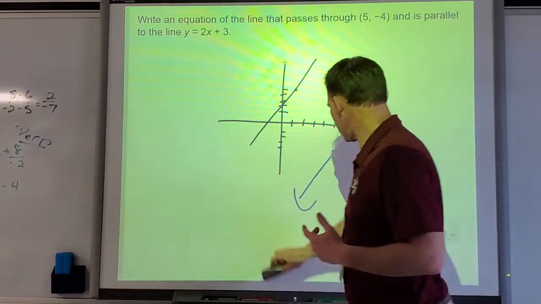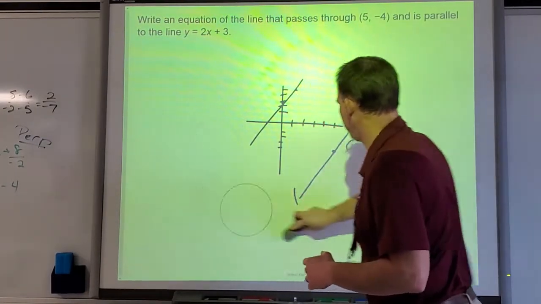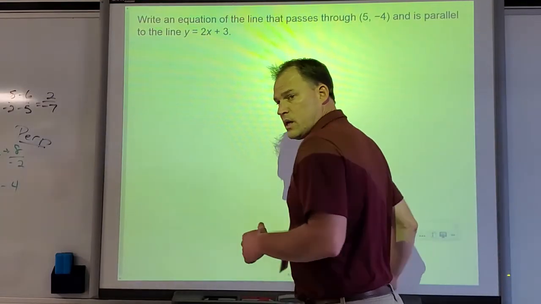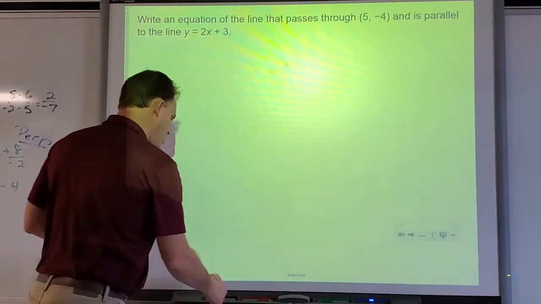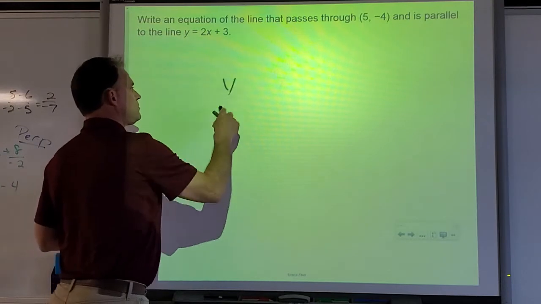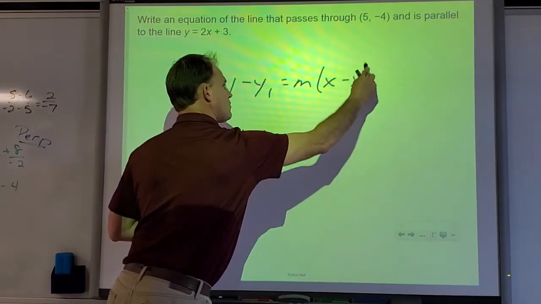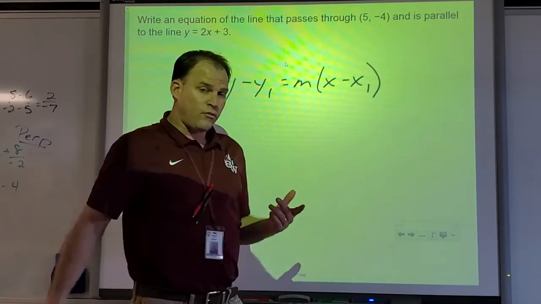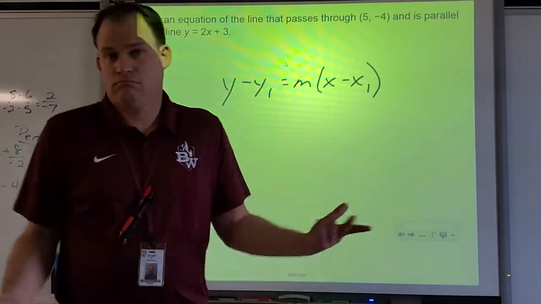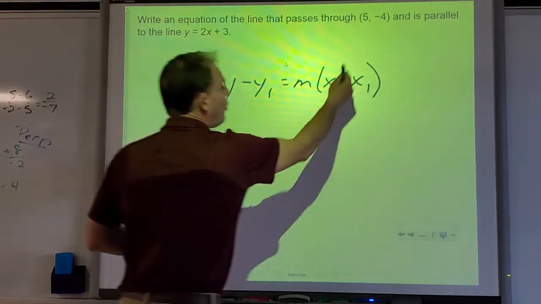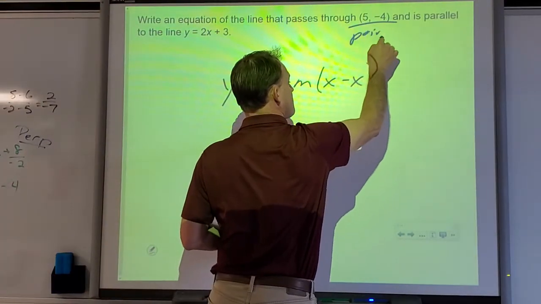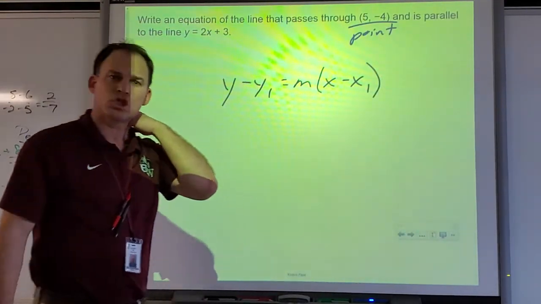Well, lucky for us, we have some tools that we just talked about. If I'm going to use the point-slope form, what information do I need? Good, I need a point, got one, they gave that to me, and I need a slope.